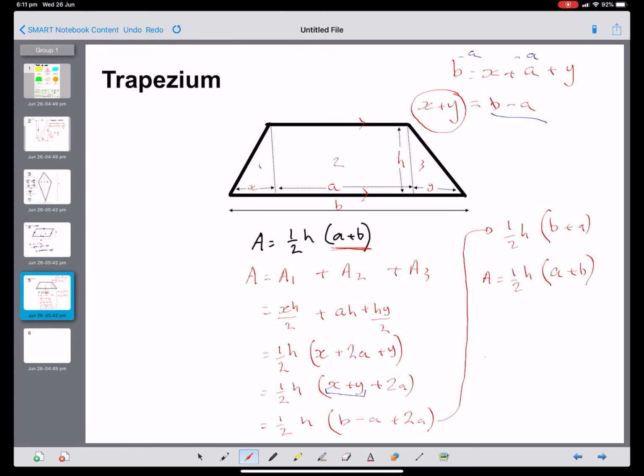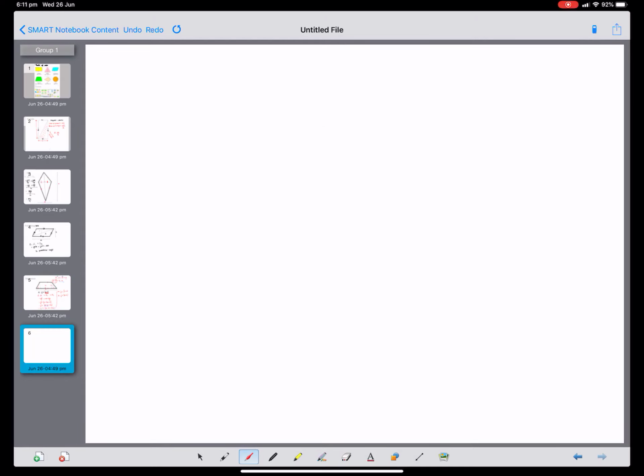Okay, so let's look at our final shape. Let's see if we can find a formula for a sector. Okay, so a sector is something like this.